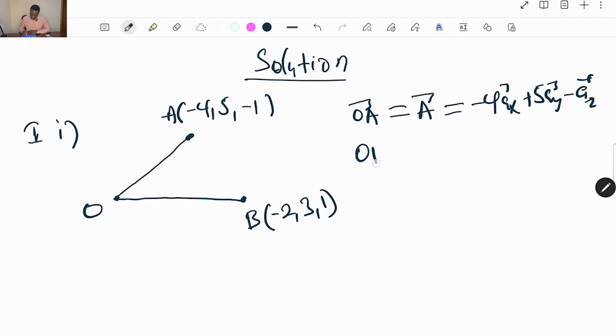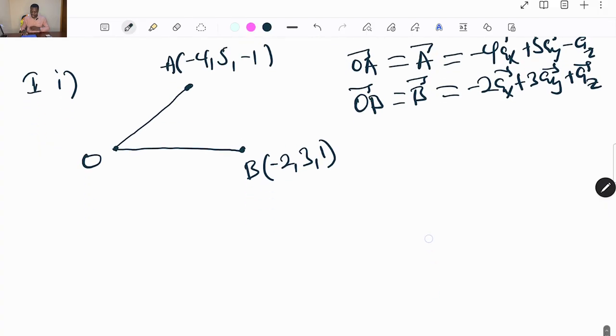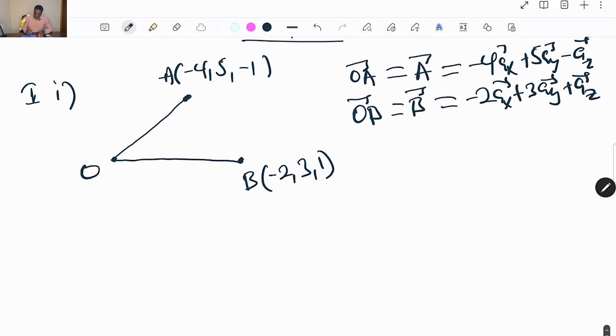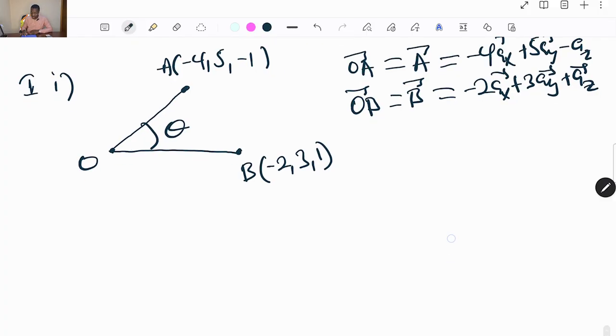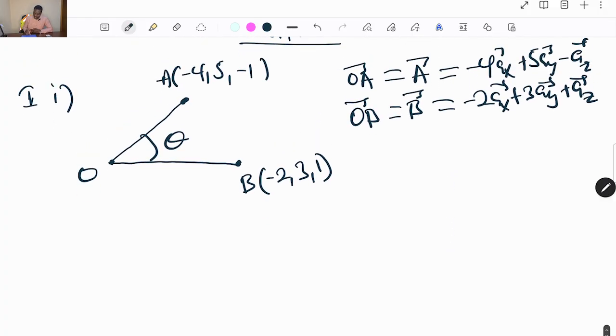Now let's get OB. It's also equal to vector B, that is equal to -2 along the x-axis plus 3 along the y-axis, and the last one plus 1 along the z-axis. So we have these 2 vectors. Now if we were to find the angle between them, we can label the angle theta.